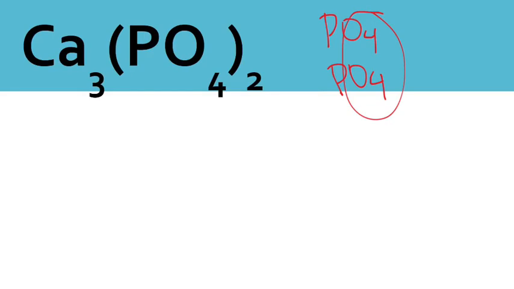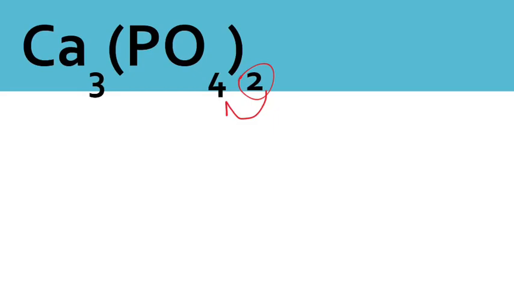And since we have 2 sets, 2 groups, that means 8 total oxygens there. You can think of this like distributing: that 2 from the outside of the parentheses gets multiplied by how many we already had of each element. So 2 times 1 was 2 P's, and then 2 times 4 is 8 O's.